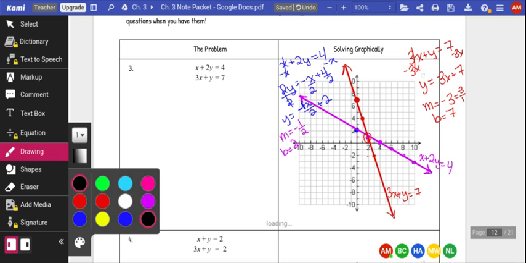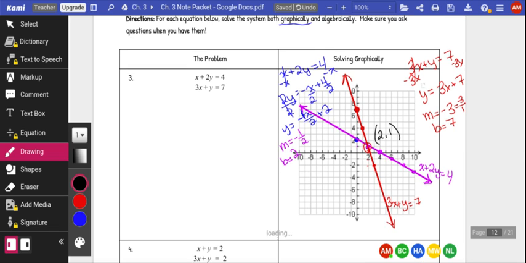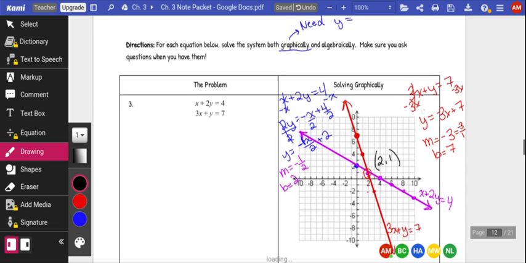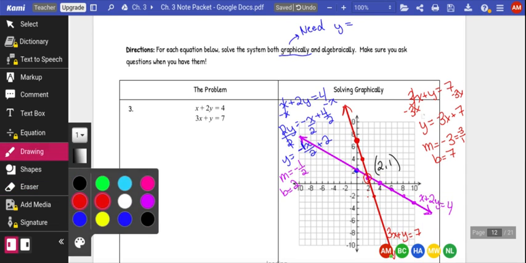So now that I've graphed it, I know that my solution is the point at which they intersect. So in this case, it's the point (2, 1). If I were to do it algebraically, it's up to you whether you use elimination or substitution. I'm going to scroll back up here.